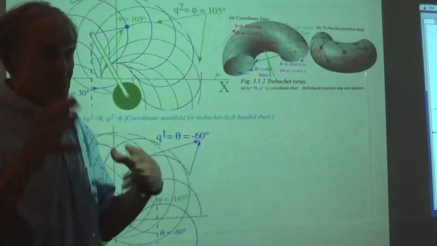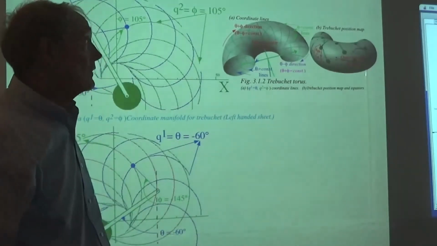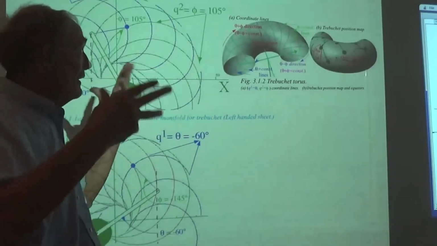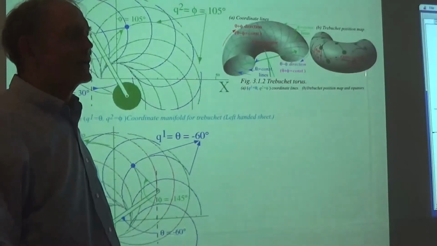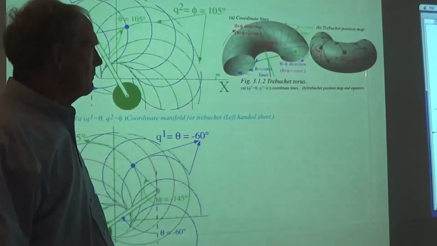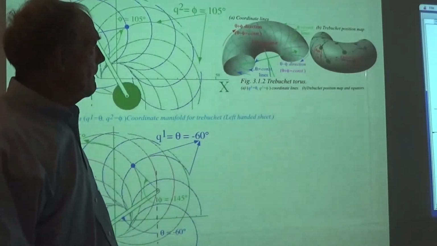And that's the way you sort of analyze the topology of this thing, just by waving your hands. I mean, it's a hand-waving argument for the topology of this peculiar instrument.